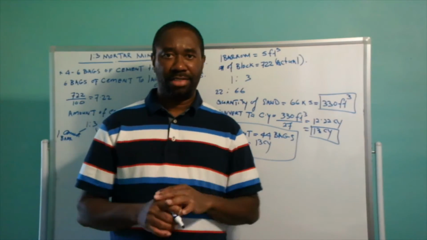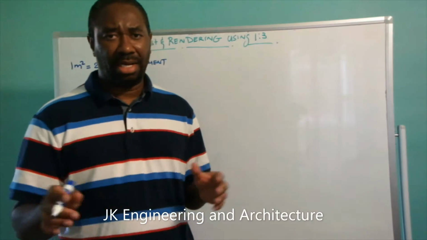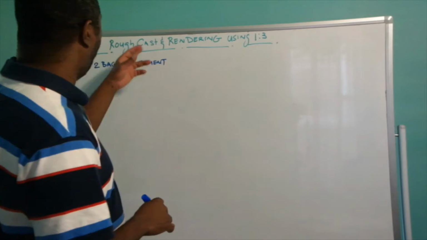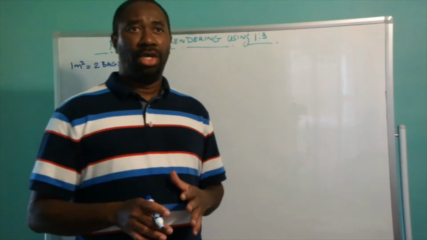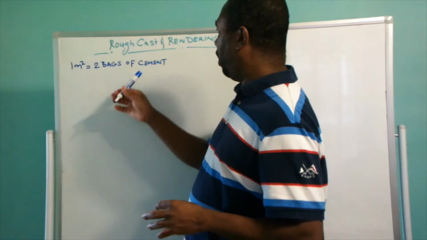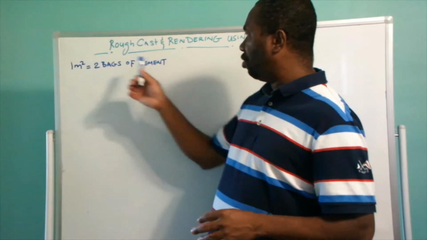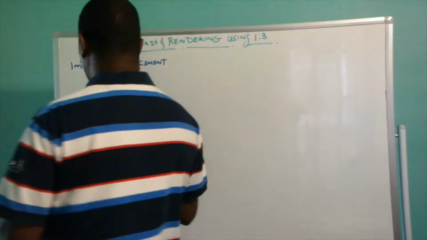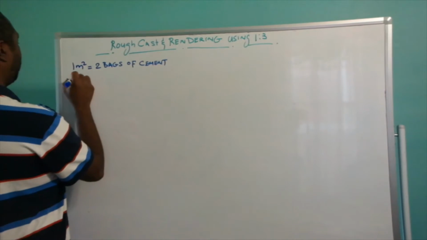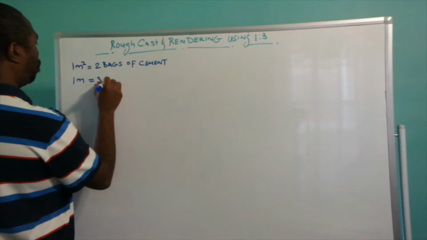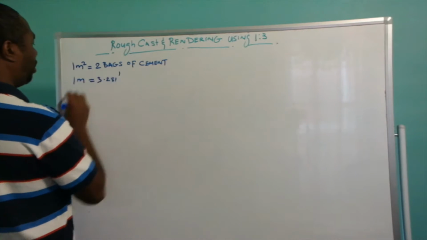722 blocks. I am going to be calculating the material quantities for the rough cast and rendering. Now, based on my estimation, it is going to take 2 bags of cement to cover 1 meter square of wall. And we know that 1 meter is equivalent to 3.281 feet.